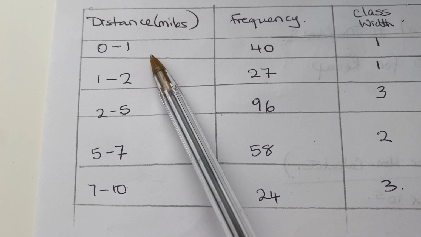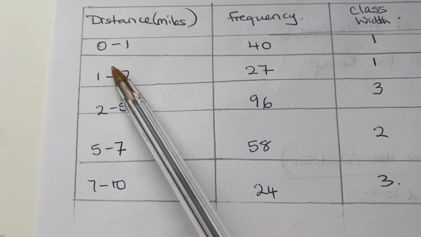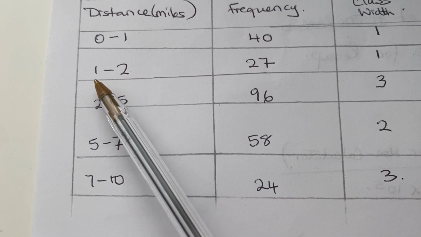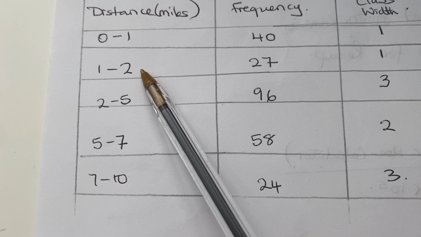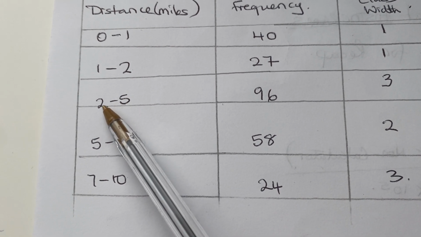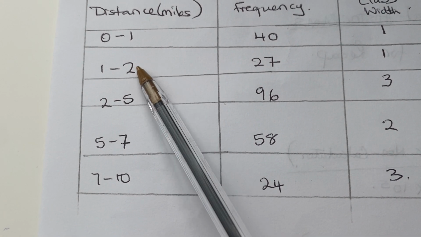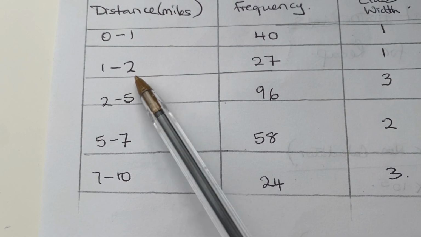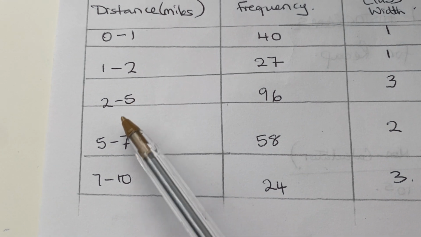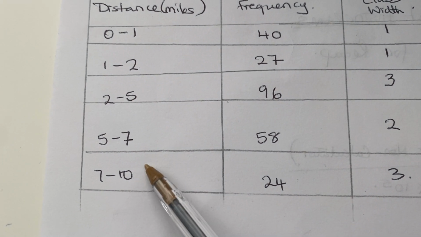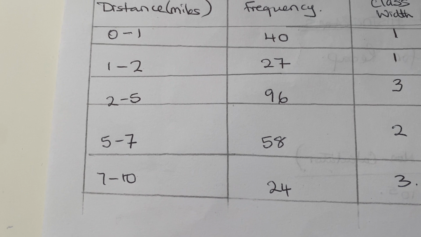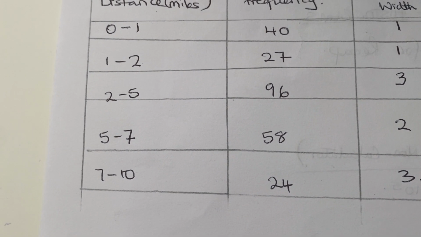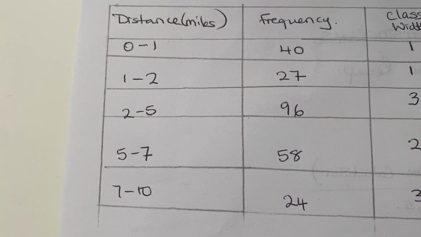If I had equal intervals, like 0 to 1, 1 to 2, 2 to 3, 3 to 4, 4 to 5, then I might consider plotting an ogive or cumulative frequency curve.